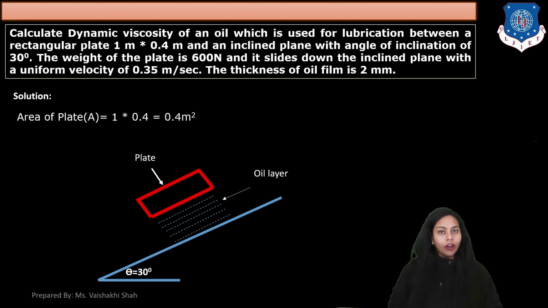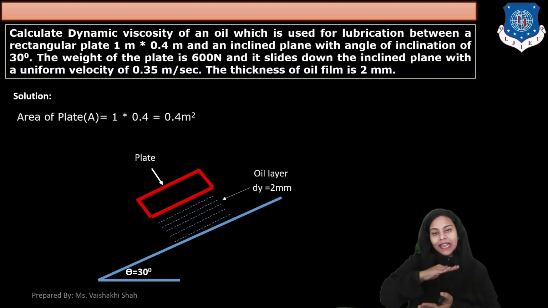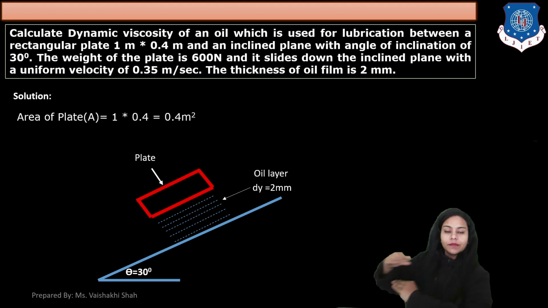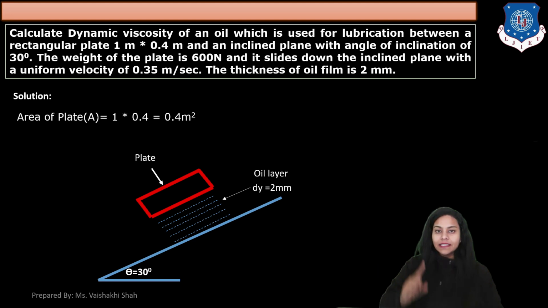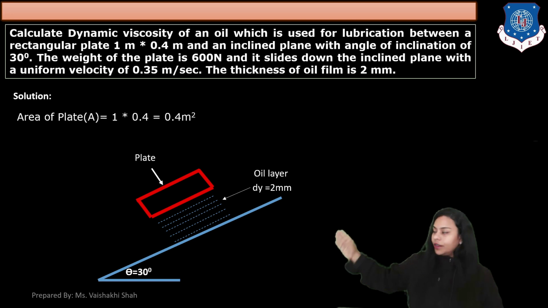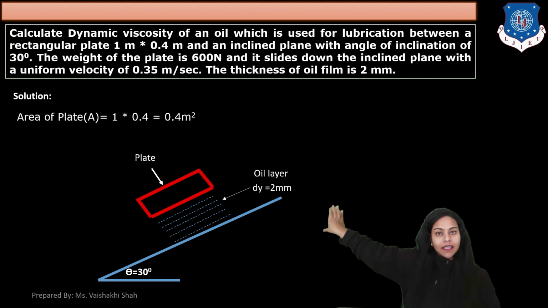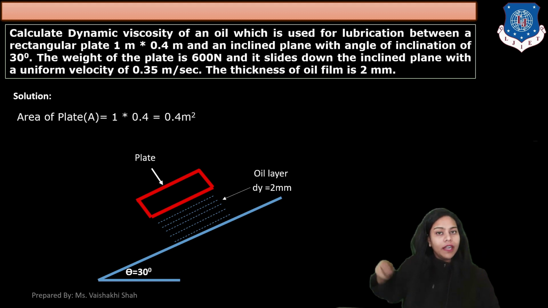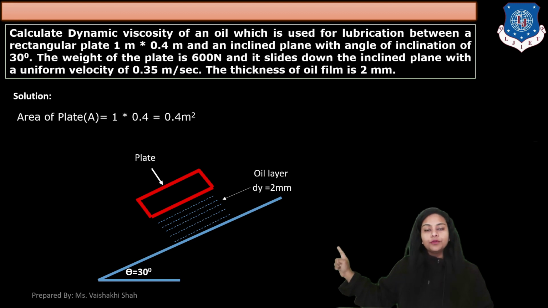The thickness of the oil layer is 2 mm. The distance between two layers, or two plates, is dy. So here the thickness of the oil layer is dy, and dy here is 2 mm.